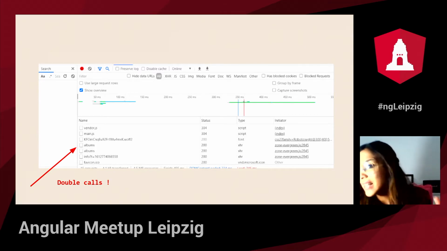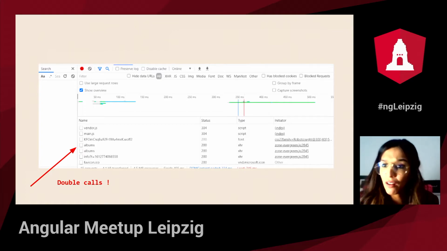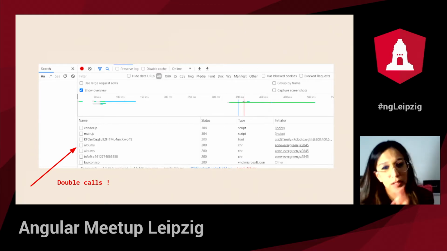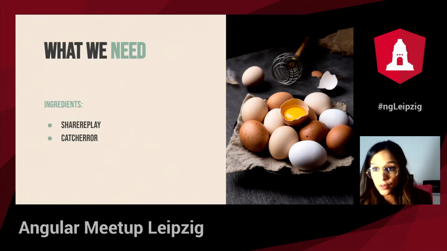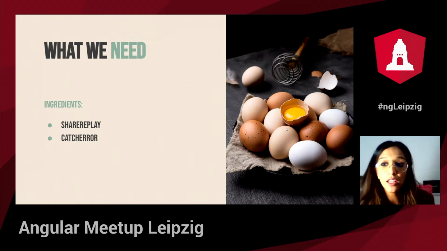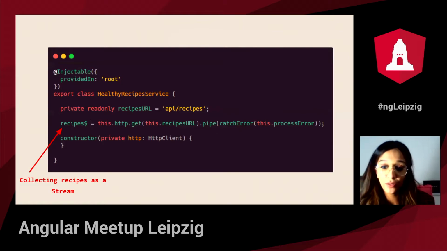As an example, the user info per session will not get modified very often, so I will cache it. So what we need in this case are two ingredients, which are shareReplay and catchError. Okay, and the shareReplay operator.